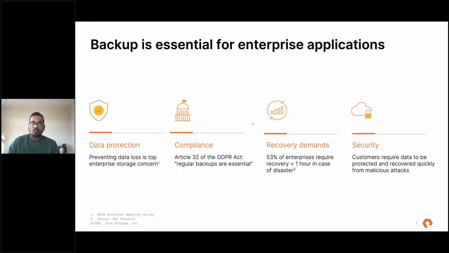From a security perspective, given the number of stories we hear around ransomware attacks and security breaches, it's good to have a snapshot location stored in a remote, offsite location. If you're running your Kubernetes clusters on-prem, you might want to store an offsite copy in an S3 repo in one of the AWS regions. So from a security perspective as well, backup is really essential.